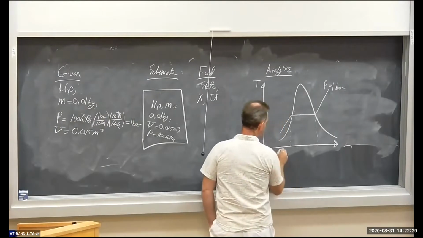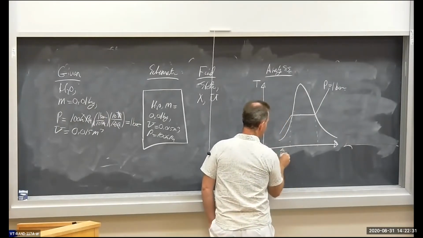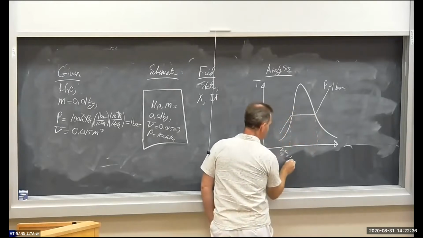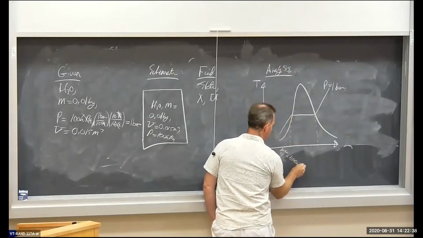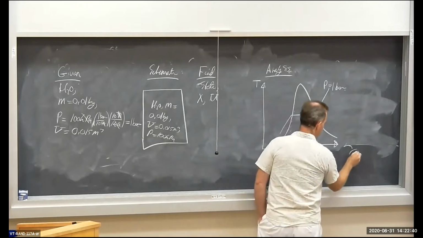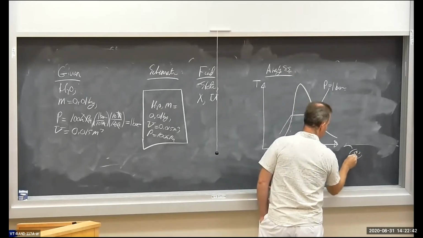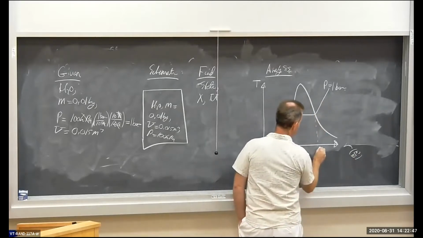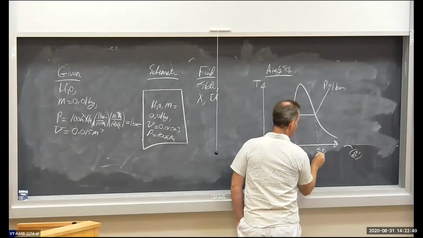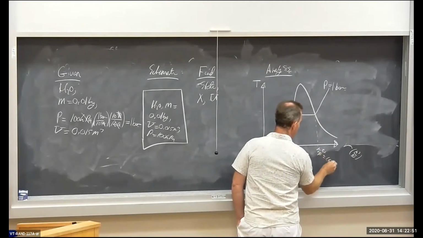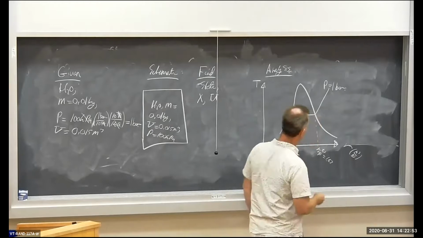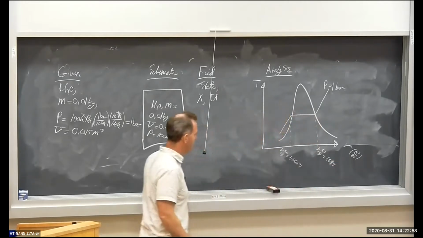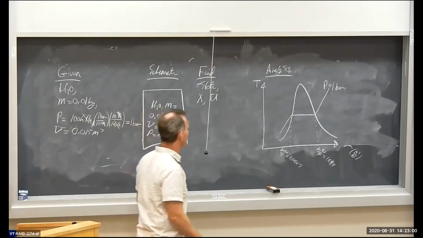I know V sat liquid is equal to 1.04 times 10 to the minus 3, and this has units of cubic meters per kilogram. Okay, and I know V sat vapor is 1.694. Those are all from saturation tables.